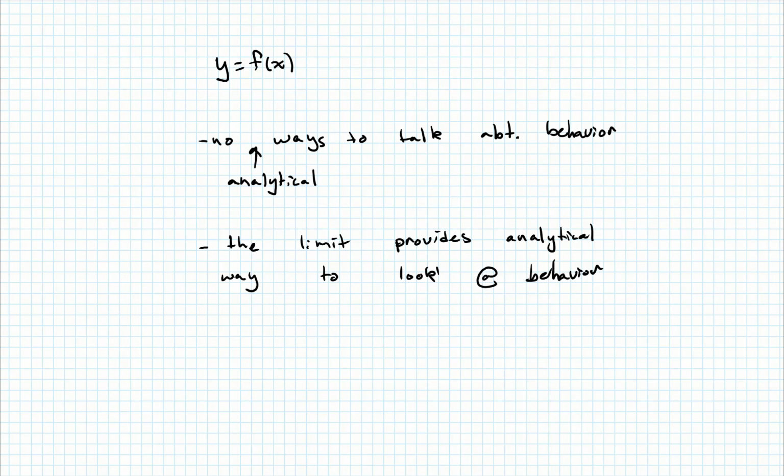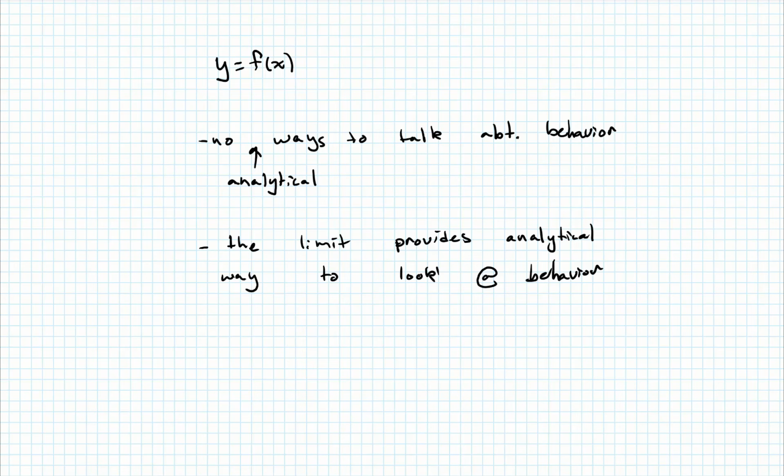We now have a way, it's really a numerical way too. If you think about it, the limit talks about what happens as you approach a specific number. It has a specific number there, so the limit as something approaches another number, and we're going to see what happens to the function. But the key about the limit is that we can do that at multiple points along the function.